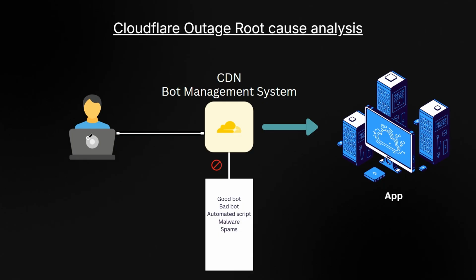Here we can see Cloudflare sits in between the user and the app. When a user types a website like google.com or facebook.com, the request goes via the Cloudflare server. Cloudflare acts as a CDN or a bot management system. It stores static data to improve performance, or it acts as a bot management system to identify whether the request is from a human or a bot.